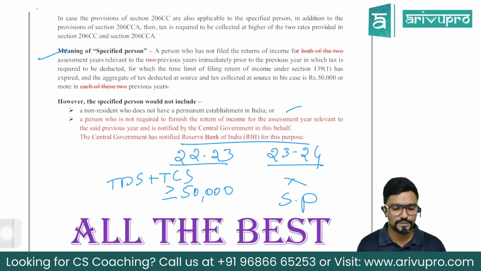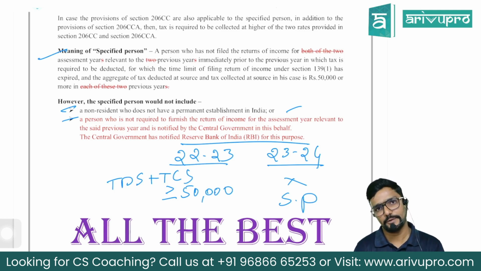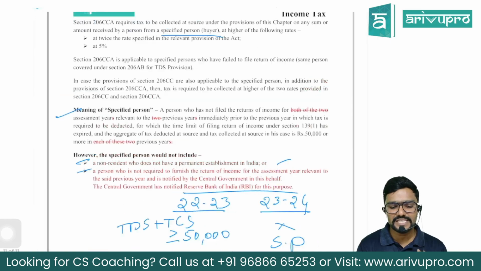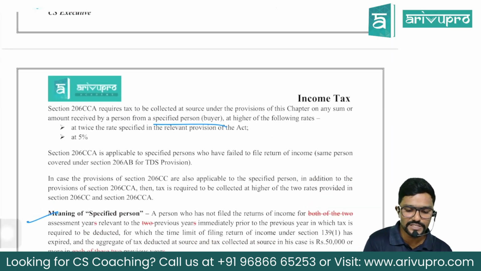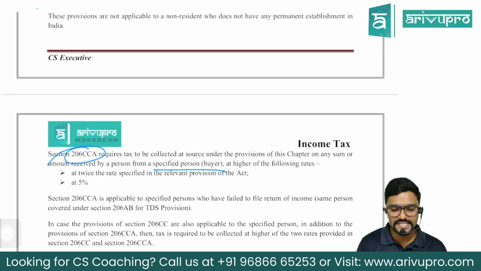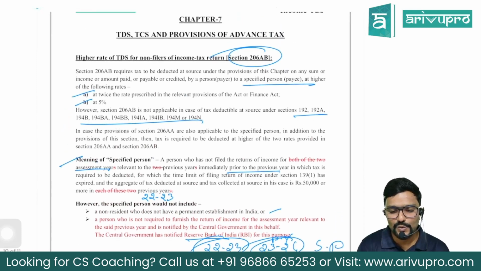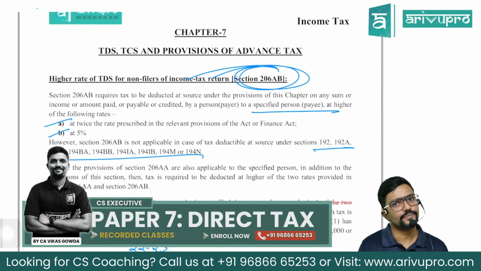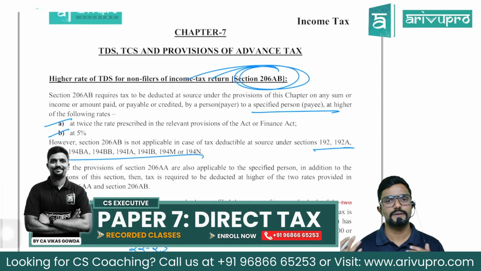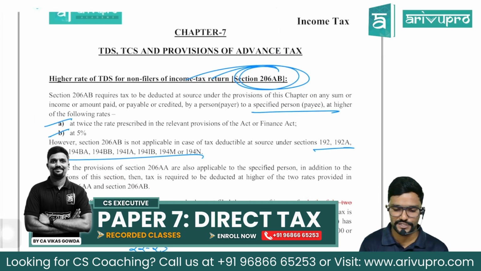So two are there in simple terms: non-resident who does not have any permanent establishment in India, that is office or branch, and the second one is Reserve Bank of India. Whatever changes are there, it is applicable for both section 206CCA as well as section 206AB. Same change, but it has an impact on both the sections.